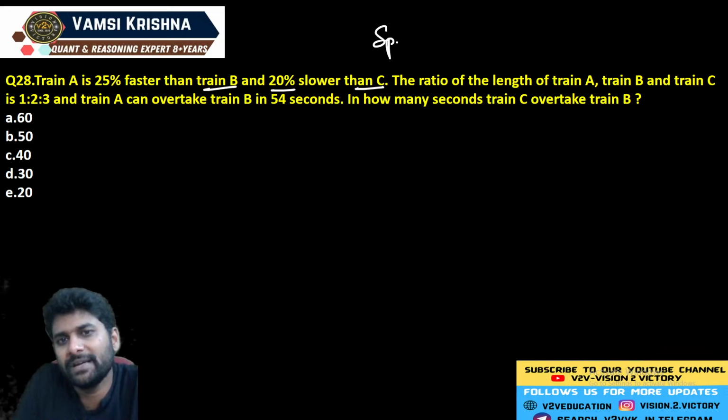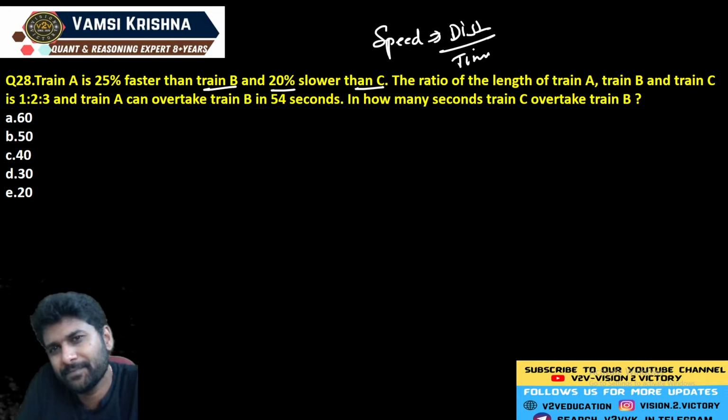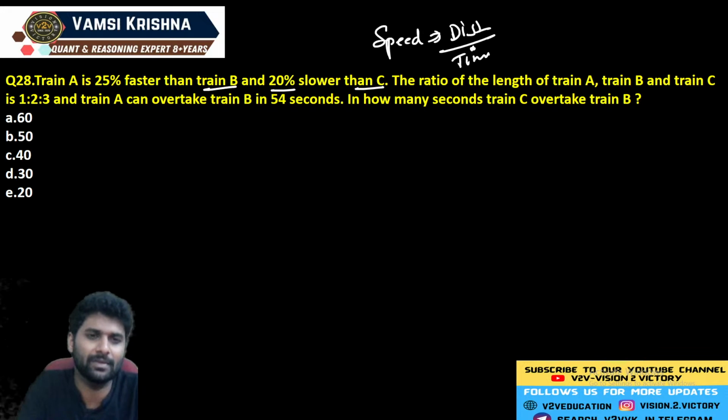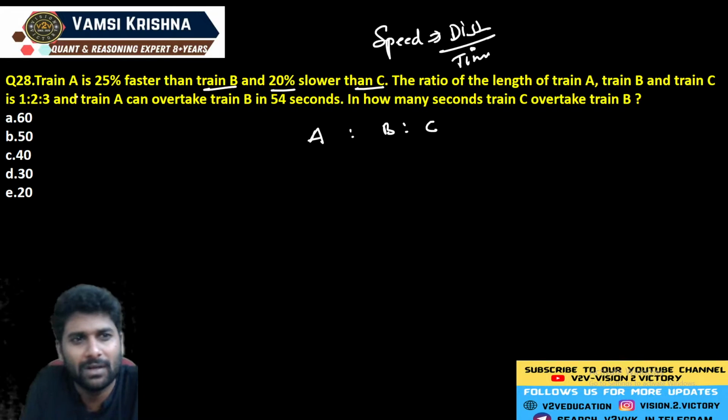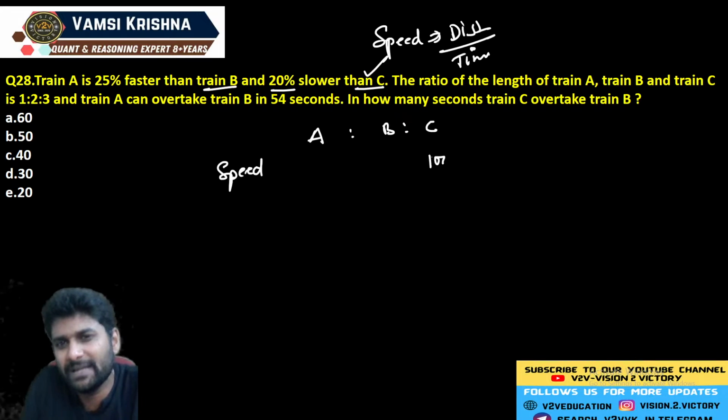Now you already know that speed is equal to distance by time. We need all this information. Guys, first see, we have 3 trains. Now we should identify the respective speeds here. So assume the speed of train C is equal to 100x.